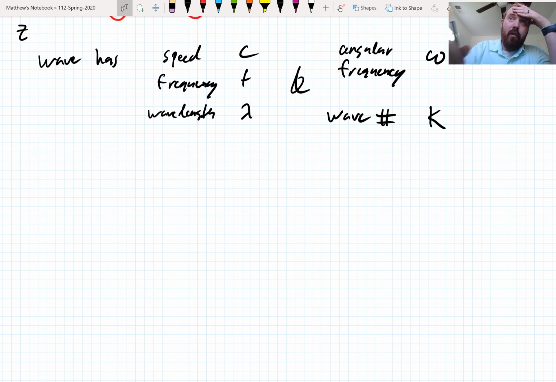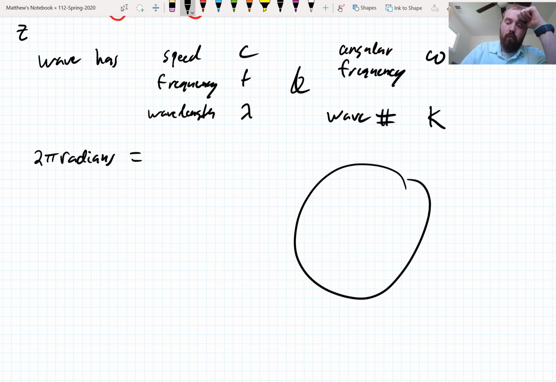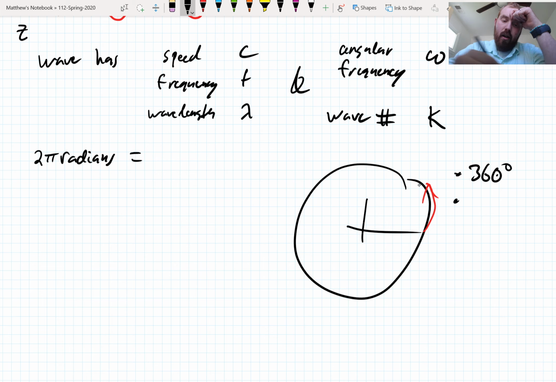So let's talk about these little bits. Angular frequency, right? There are 2 pi radians in one oscillation. If I go once around, what have I done? I've done 360 degrees, one oscillation, 2 pi radians.